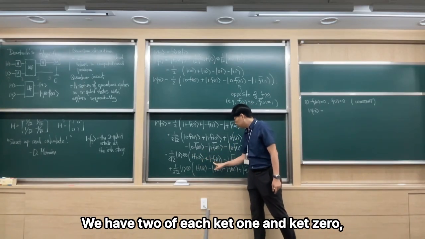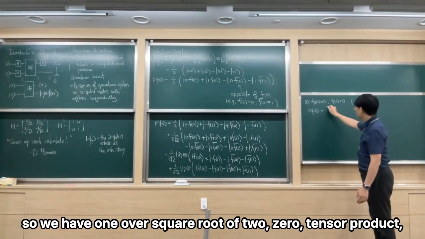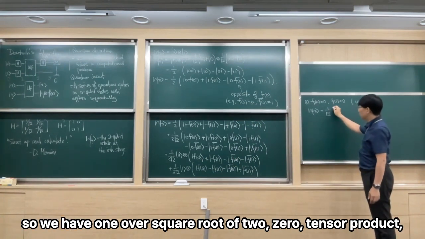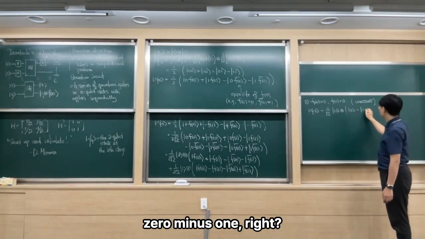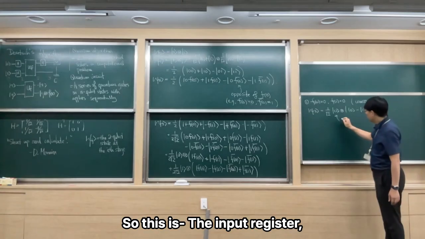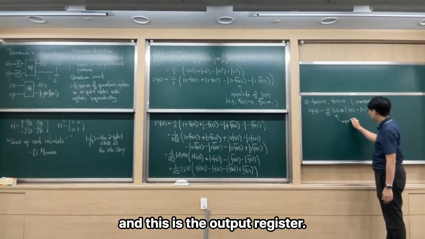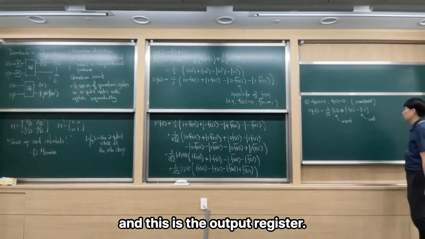We have 2 of each, |1⟩ and |0⟩. So the 2 cancels out, and we have 1 over square root of 2, |0⟩ tensor product |0⟩ minus |1⟩, right? So this is the input register, and this is the output register.